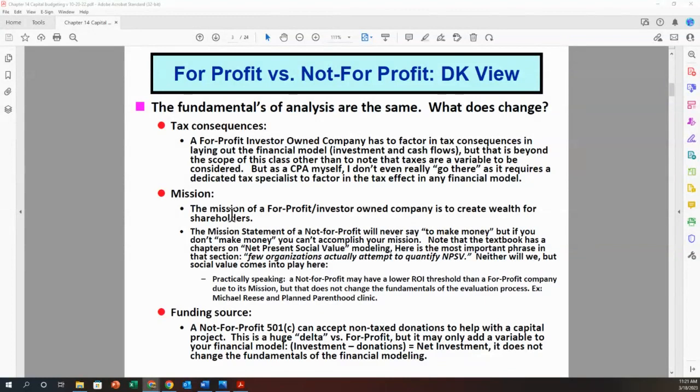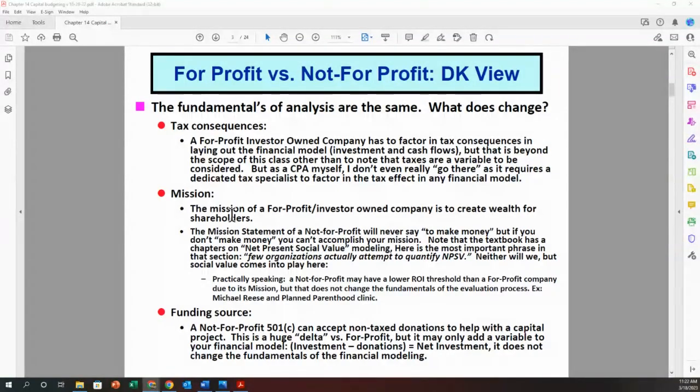But if you are in a for-profit company and you're analyzing some major capital project, it behooves you to talk to the CPA firm that does your taxes to see if there are tax benefits and breaks and issues, etc.